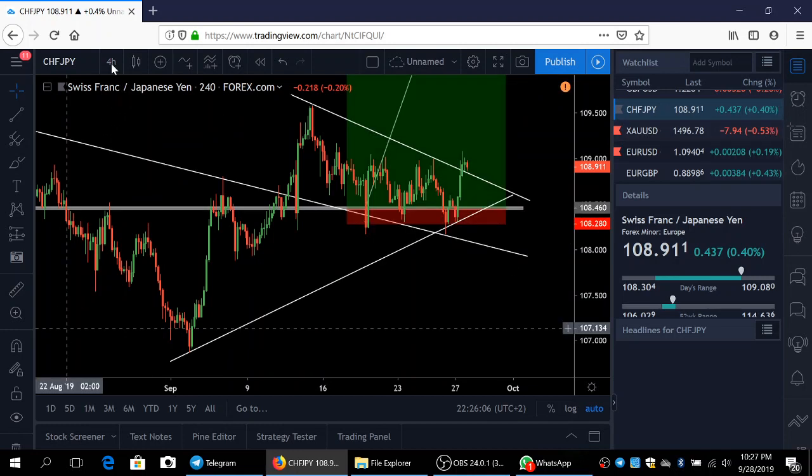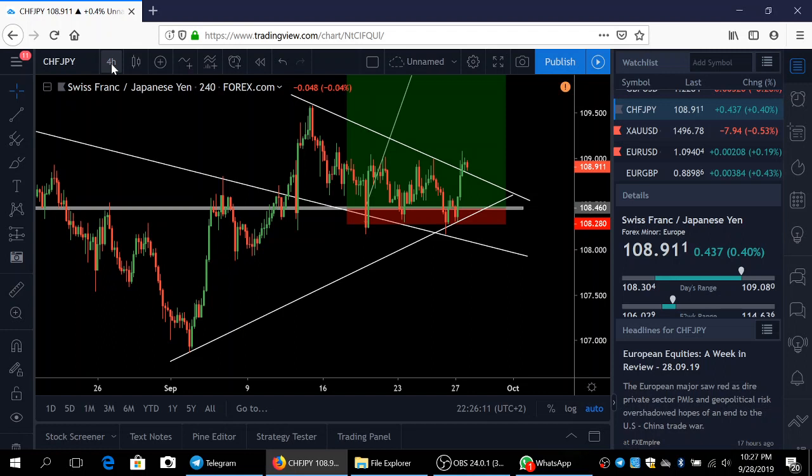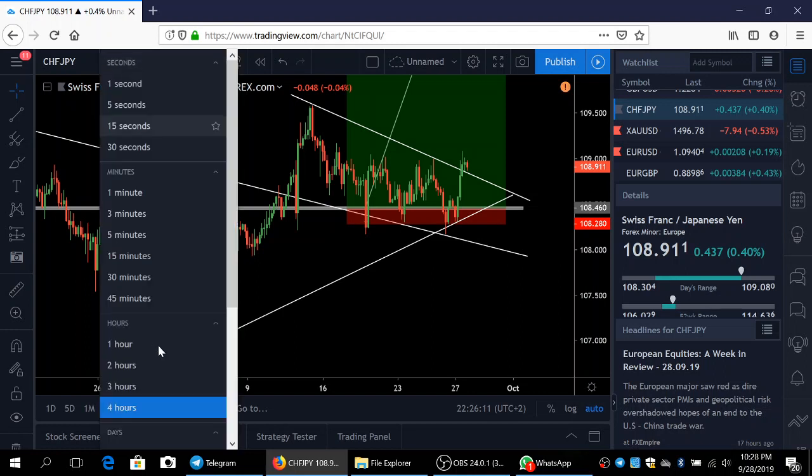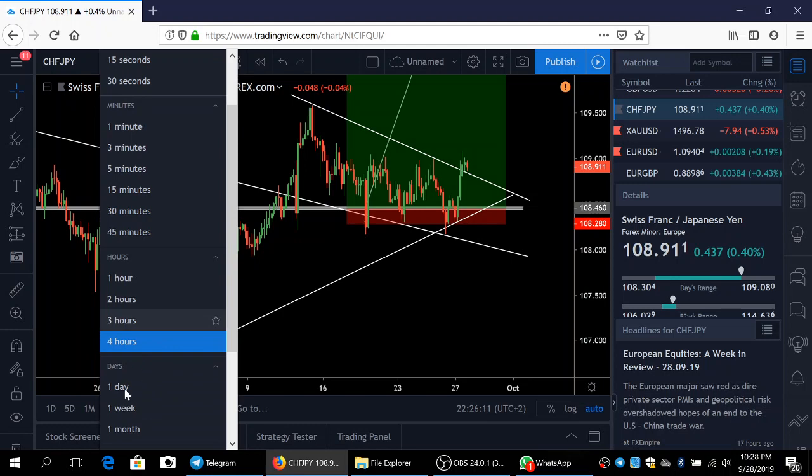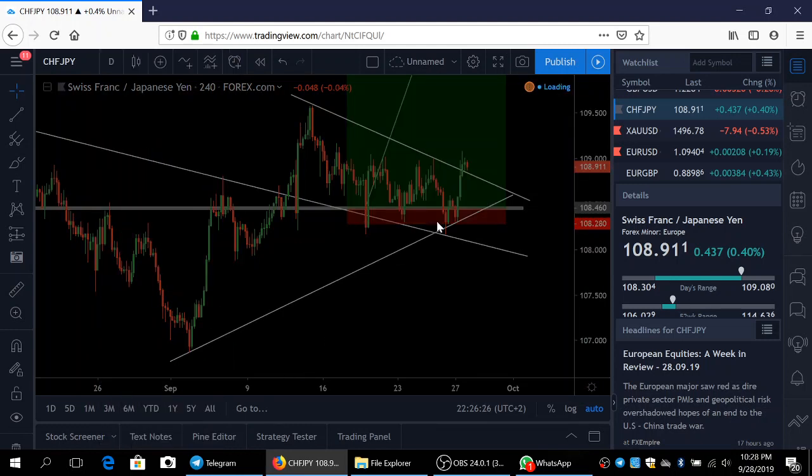And it was quite confusing because I was analyzing from a phone, but as soon as I jumped on my computer, you could see that yeah, it was a clear buy.